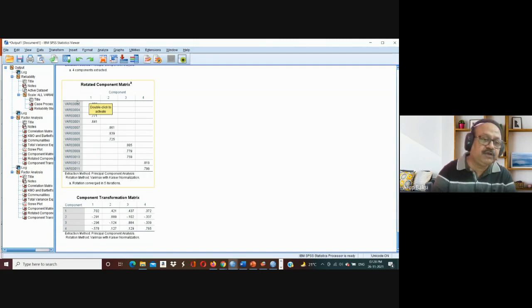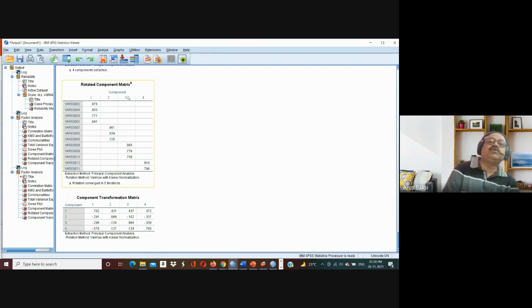That means these are the observed variables, and this is the underlying factor structure for my observed variables. And my objective, or my responsibility rather, as a researcher now, is to name these factor structures so that it aptly describes the construct that I intend to measure.